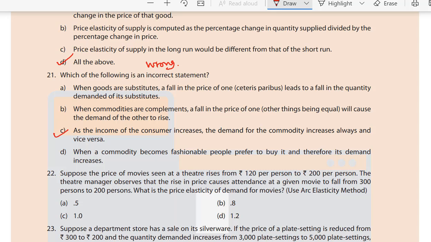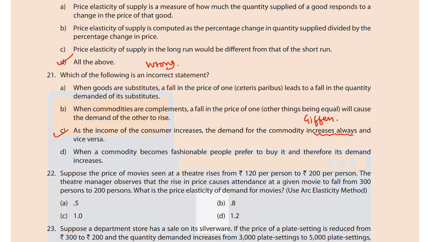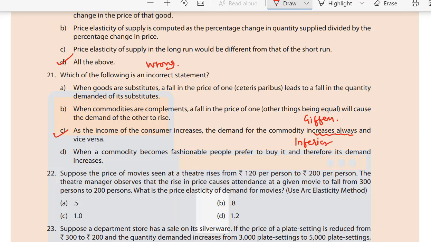It says, as the income of the consumer increases, the demand for the commodity increases always. This is not correct. In case of inferior goods, when the income of the consumer increases, he will not buy inferior goods.